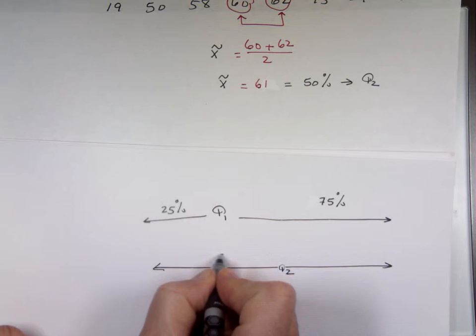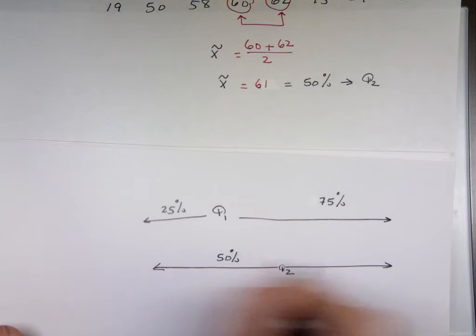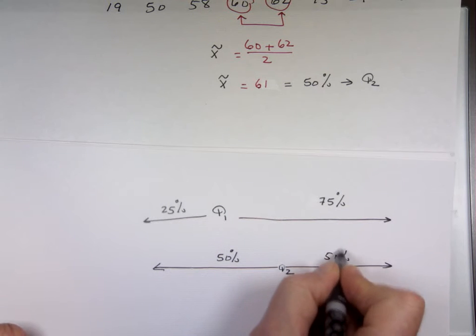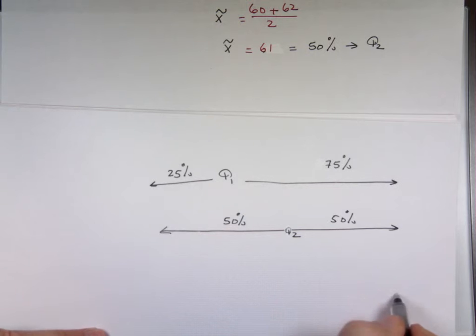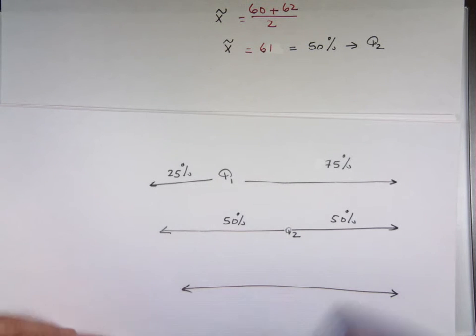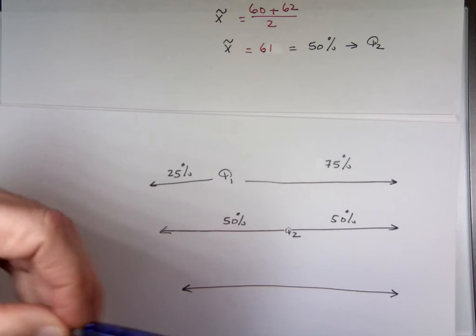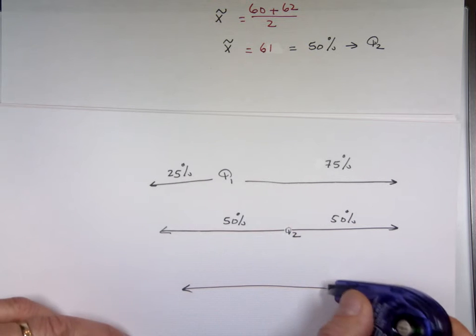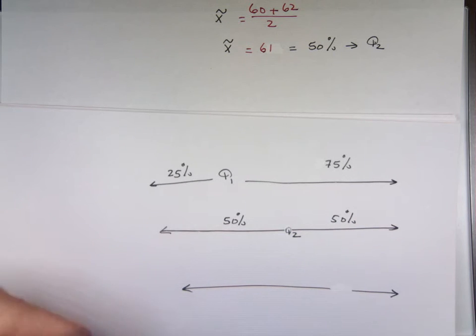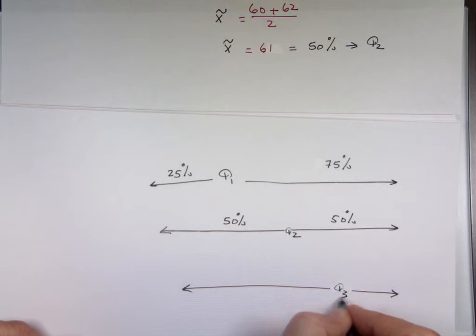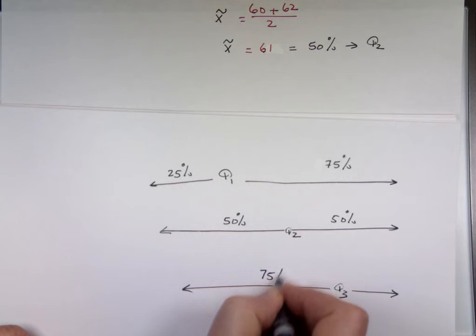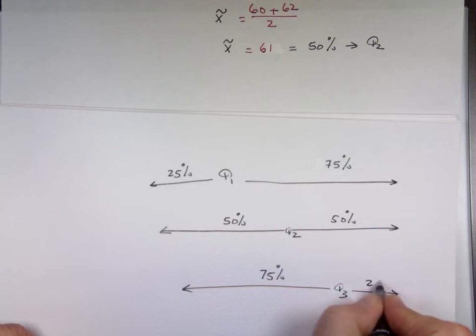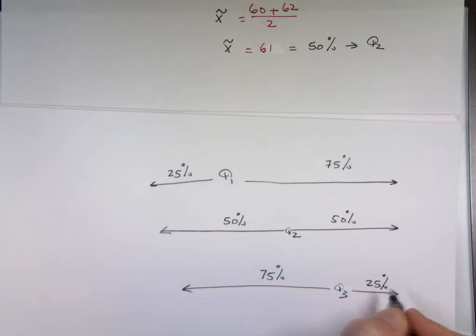That's 50% to the left, 50% to the right. And Q3, three quarters, that's 75% to the left and 25% to the right. So how do you find Q2? That's your median.